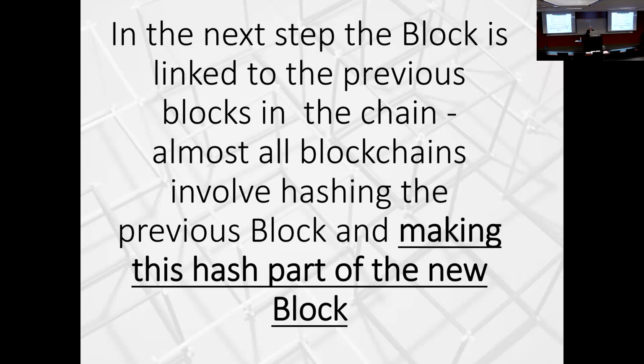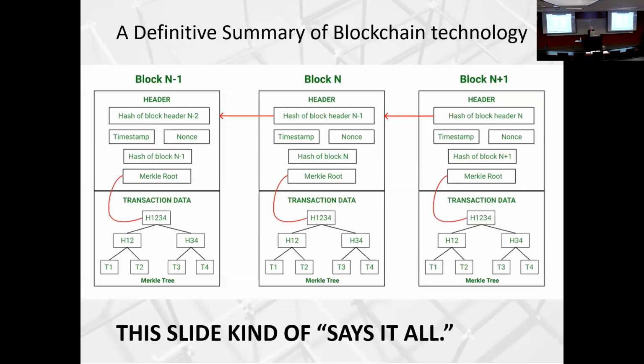So hashing the previous block and using it as part of the new block is amazingly creative. So this is the second slide that really essentially says it all. We've got transaction data in batches. You do a bunch of hashing with a Merkle tree. We combine hash. These two batches get hashed into that. These two batches get hashed into that.